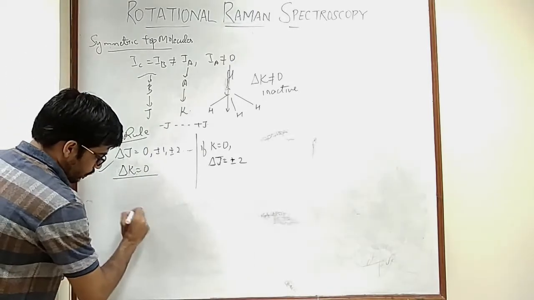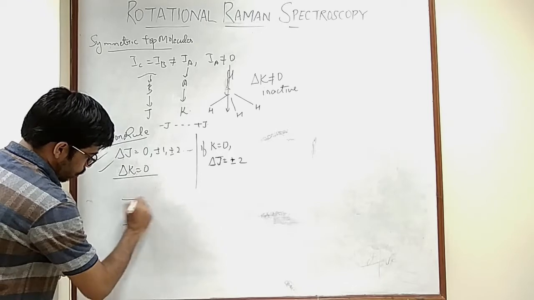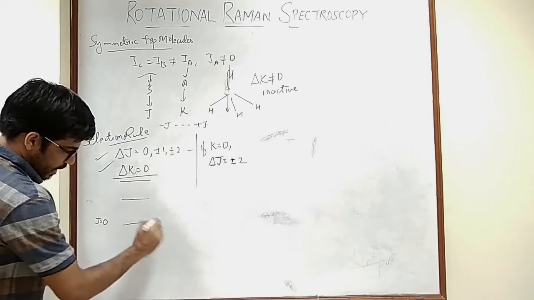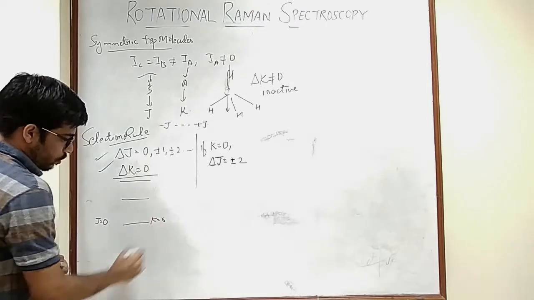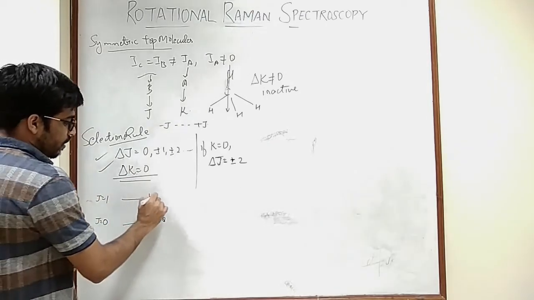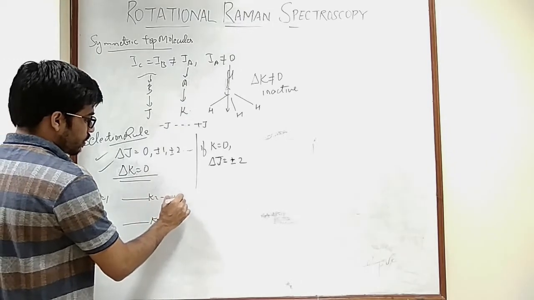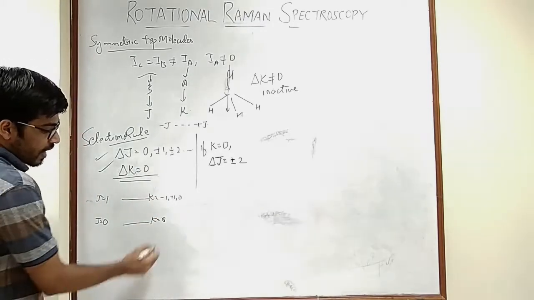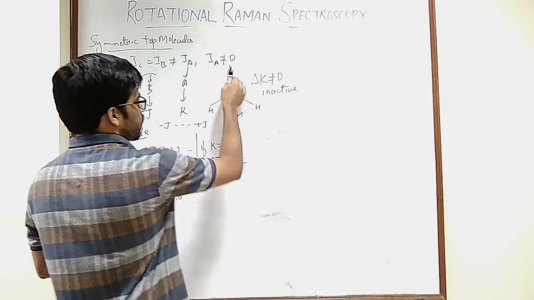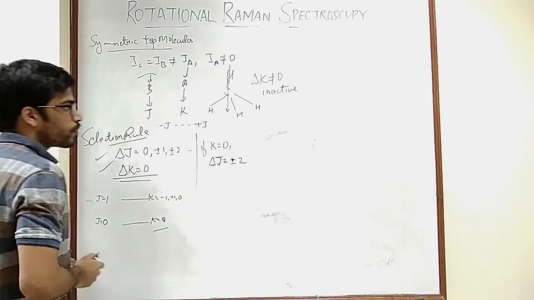That is because if you look at these energy levels, let's say this is J equals 0, K can have only one value, K equals 0. For J equals 1, K can have values minus 1, plus 1 and 0. The problem is that K equals 0. K equals 0 means this rotation we are talking about.